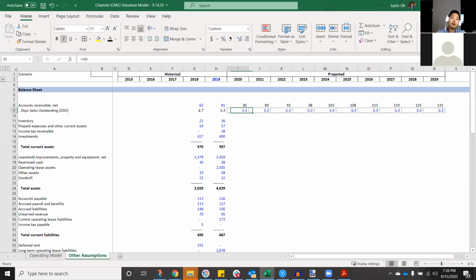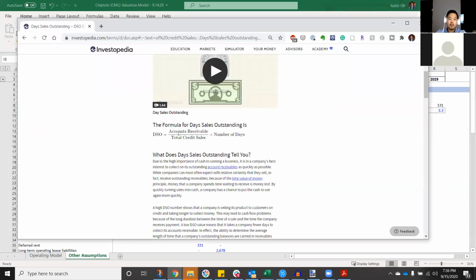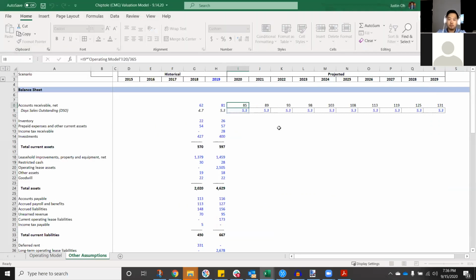If you have an opinion that everyone's going to pay with Bitcoin going forward, so transactions are instantaneous and there's no payment processor wait time, then you can project that to go down, but I don't have that view. Then you arrive at this number again by inverting the days sales outstanding and solving for accounts receivable, using basic algebra.